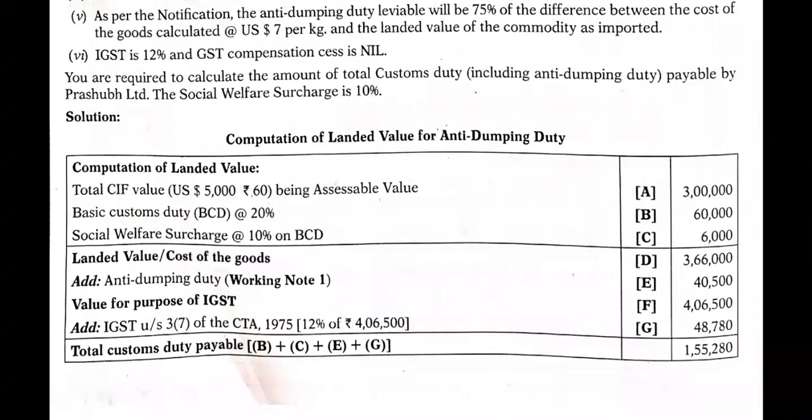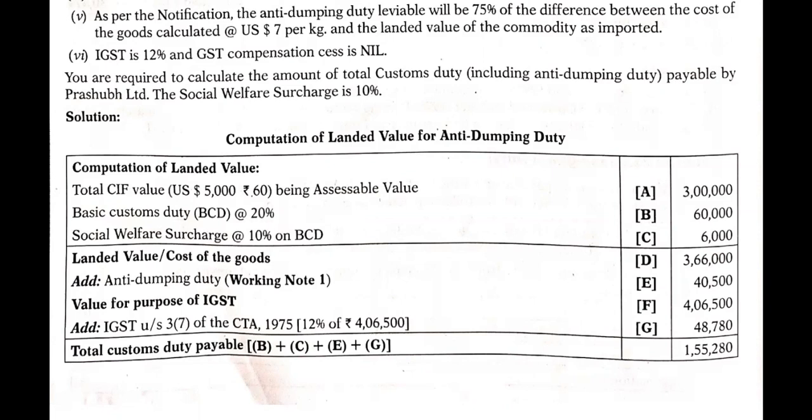Now the value for purpose of IGST: 3,66,000 plus 40,500 gives 4,06,500. Finally IGST, which is 12%. On 4,06,500 at 12%, you get 48,780 rupees.